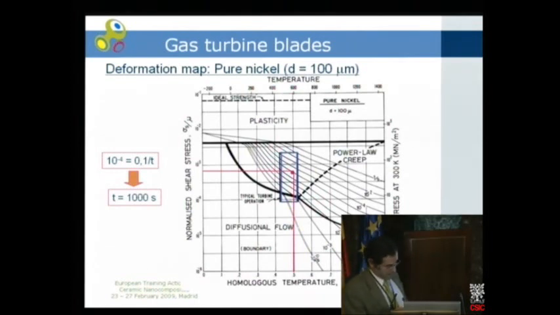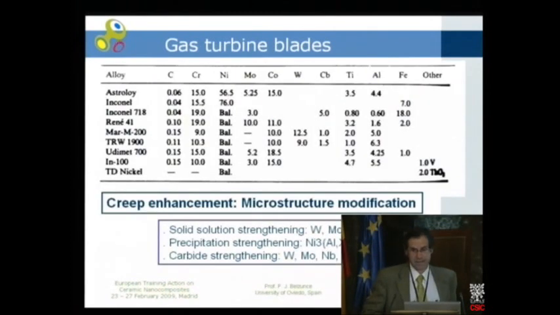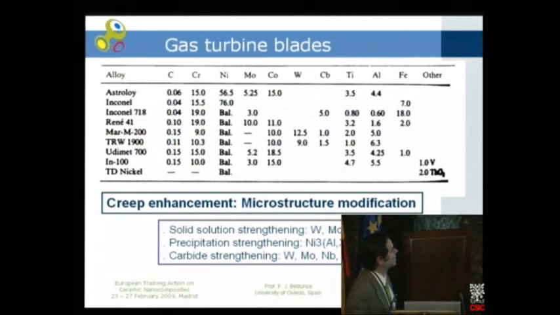And so the way to develop a better material is just to block the movement of these dislocations. We can block it by putting, for example, small particles or small precipitates to block this movement. And that's the way the industry has worked.